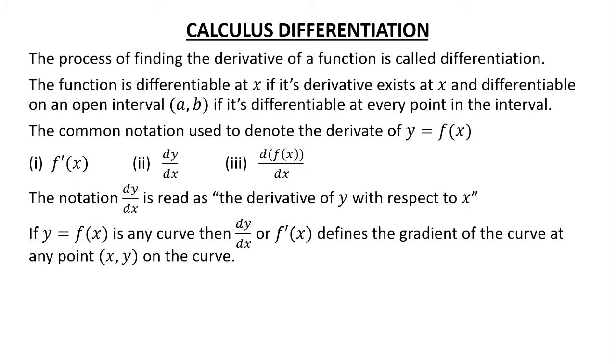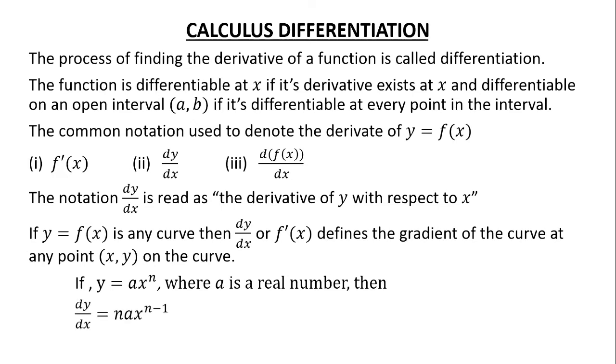If y equal to f of x is any curve, then dy/dx or f prime of x defines the gradient of the curve at any point (x, y) on the curve. If y equal to a x to the power n, where a is a real number, then dy/dx is equal to n a x to the power n minus 1.